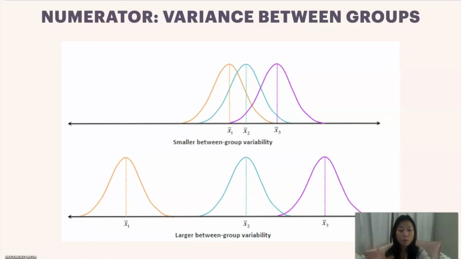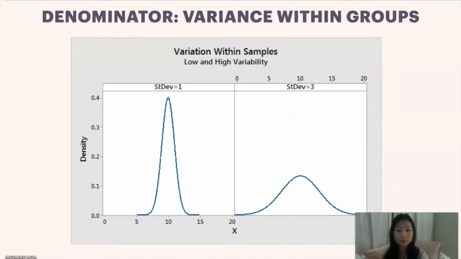We want a larger between-group variance because, again, we want to see a difference between the means, right? So you can see that smaller group variability just means that there's not too much variance from the overall mean. And we want that larger group mean.